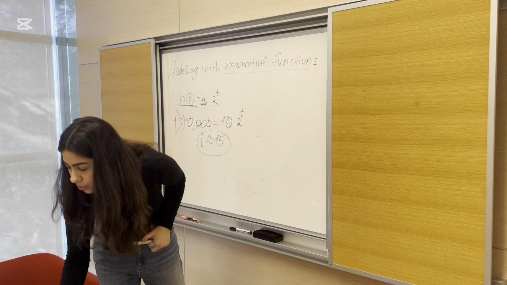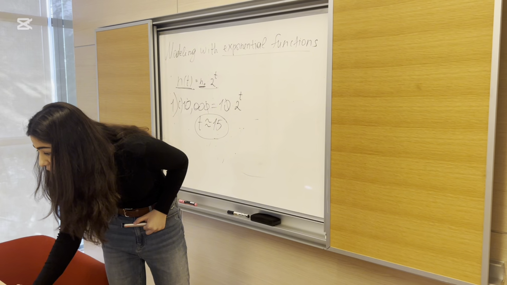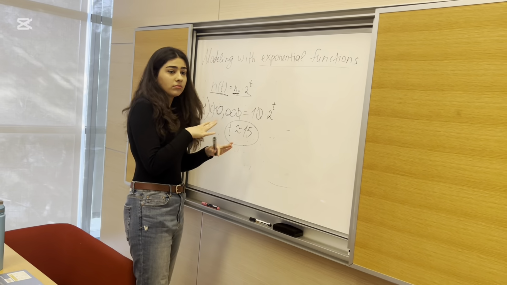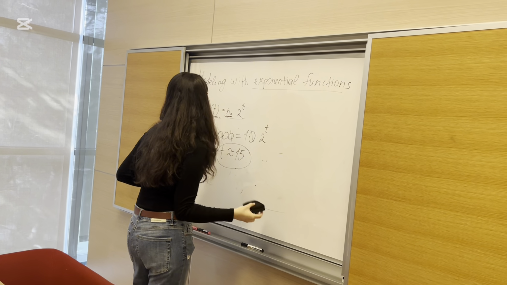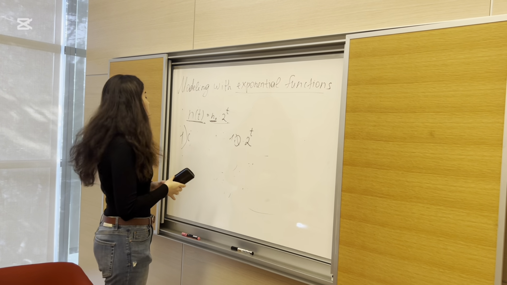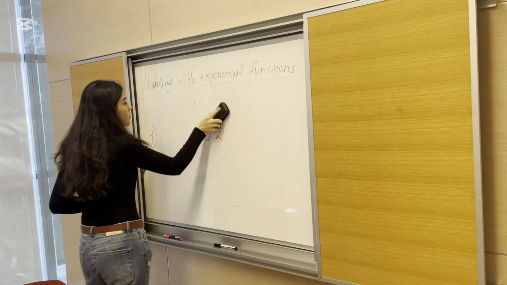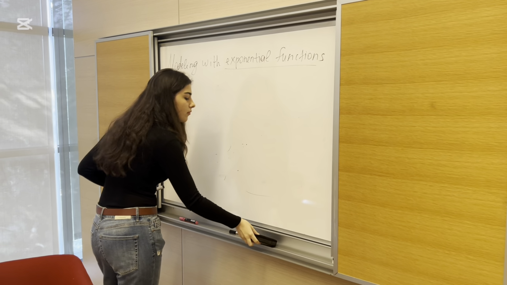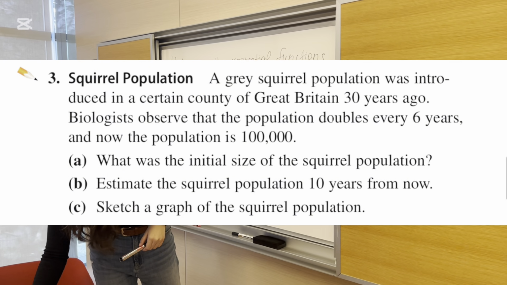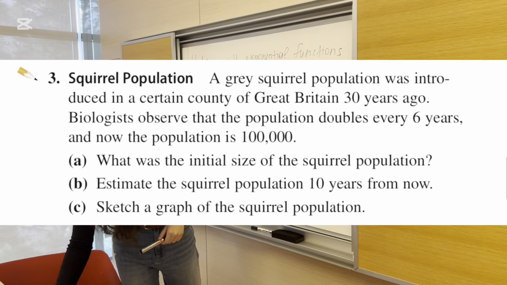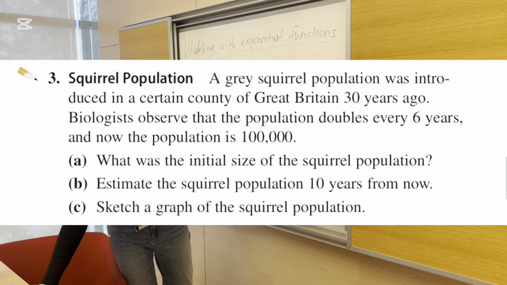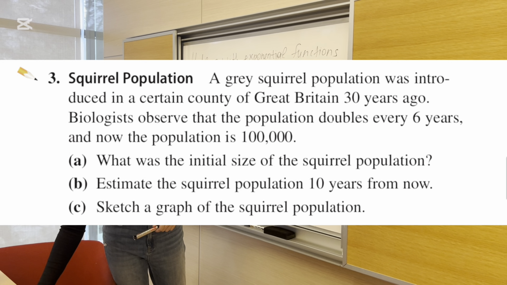The third question is about squirrel population. Besides the number of bacteria, we can solve this for a population, whether it's squirrels or birds. It says a grey squirrel population was introduced in a certain county of Great Britain 30 years ago. Biologists observed that the population doubled every 6 years, and now the population is 100,000.